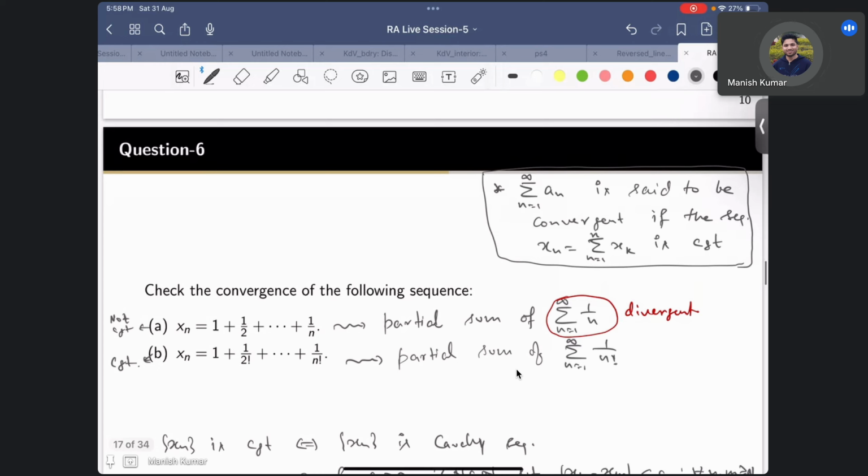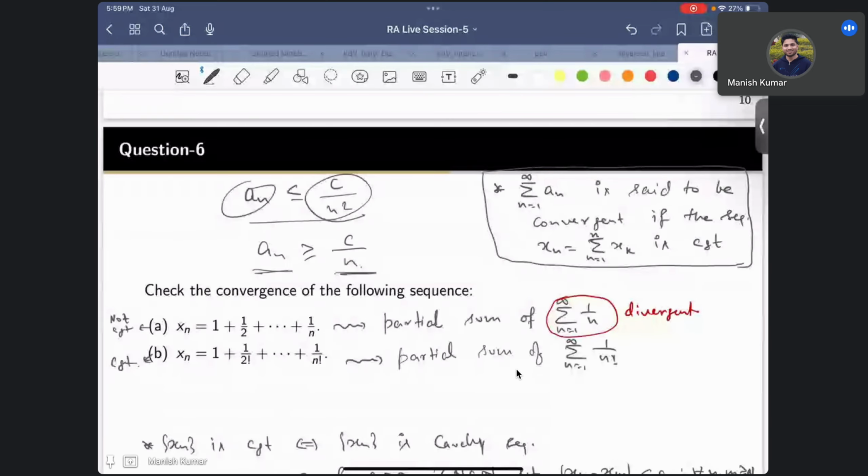If you are able to find some constant times 1/n^2 above it, then you know this is convergent. If you are able to get a lower bound of c times 1/n, then you know this is divergent. So generally when you do the comparison test, you use this kind of bound.